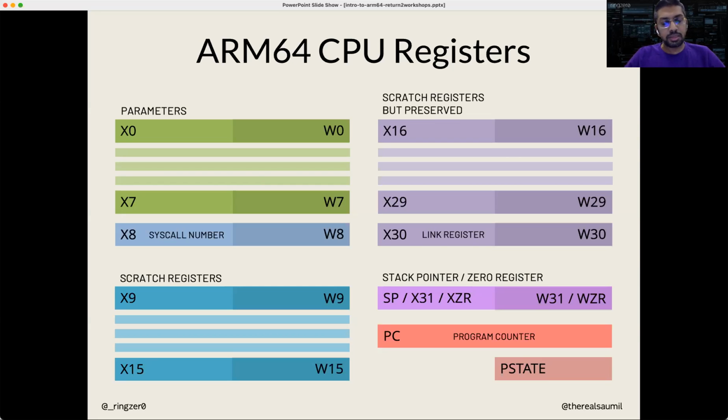Same with all the other ones, W1 all the way through W31. Then we come to the program counter. The program counter is always going to be 64 bits. Last, you have the PSTATE register, which is the flags register, which basically contains status like negative, 0, carry, overflow, and what your current exception level, the privilege level, is.